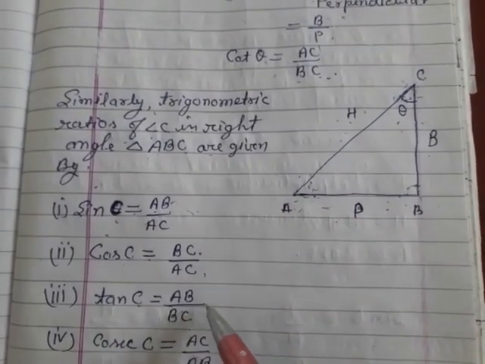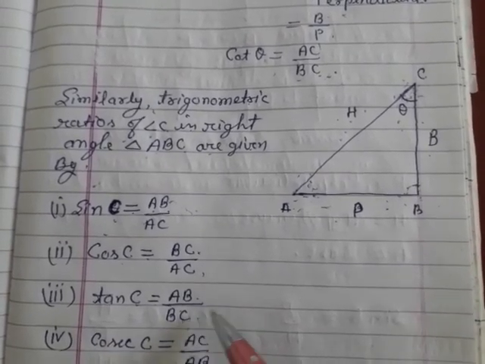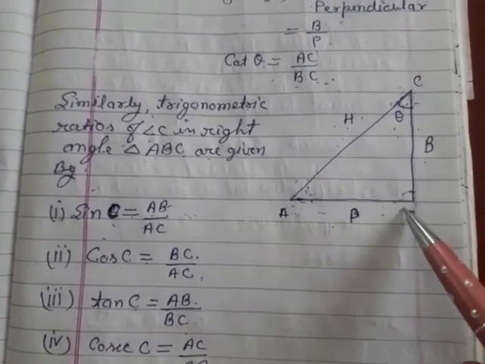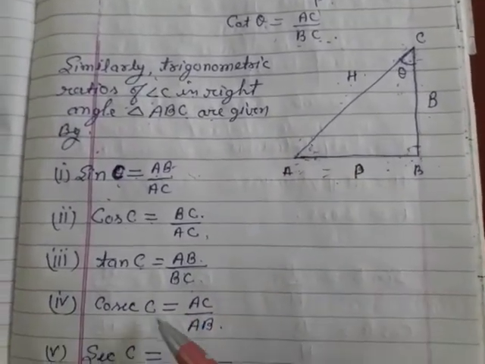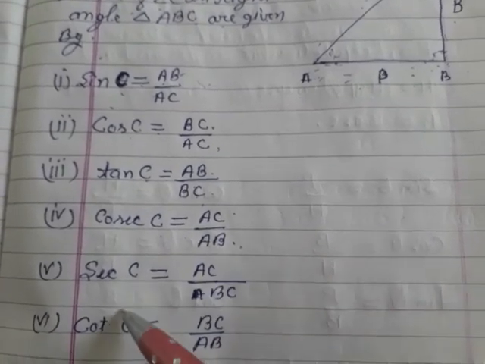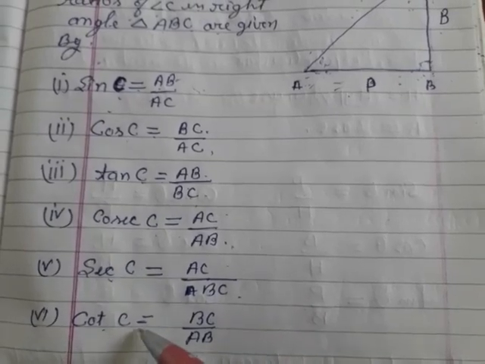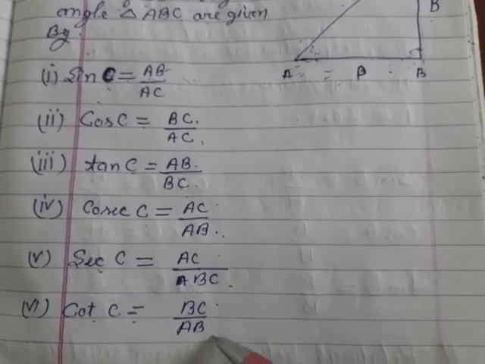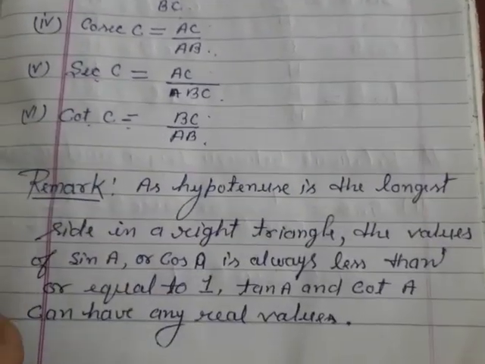Tan C is AB upon BC, perpendicular upon base. Similarly, cosec C is AC upon AB, sec C is AC upon BC, and cot C is BC upon AB. Clear?